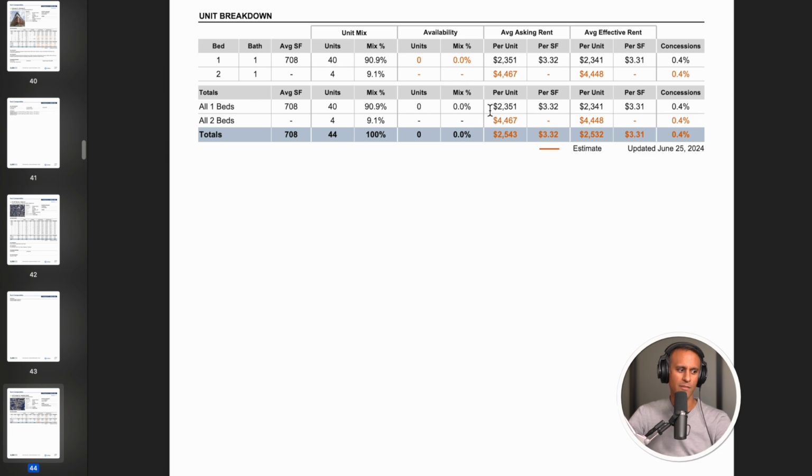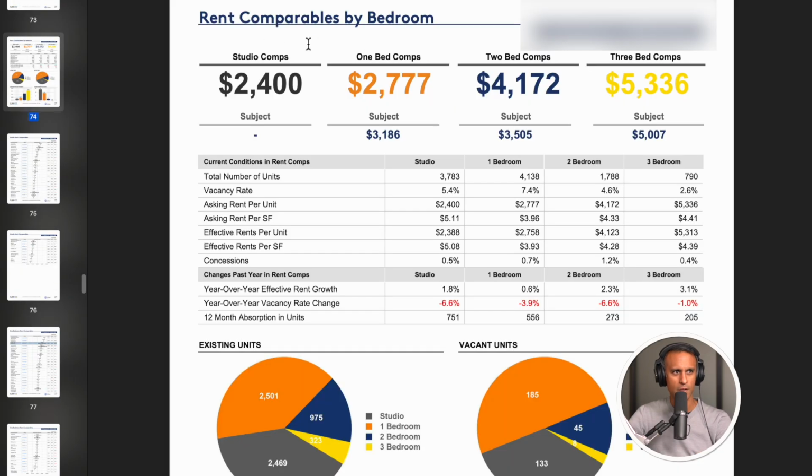It's also giving us information around vacancy, average vacancy in the market. So that's kind of getting into the demand side of things. Like here in this rent survey report, you can start to see things like the averages for this comp set. Studios, 1s, 2s. What is the vacancy rate by unit type? Here's some aggregate total unit counts that are in this comparable set.